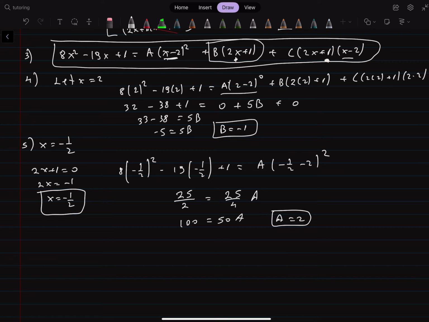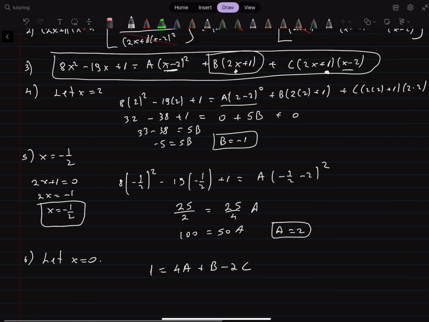For the third one, we need to set x equal to 0. So this is the sixth step. We say let x equal to 0, and then we would go back and have a look. We would have 1 equals 4A + B − 2C. The reason being, if we go back to the original equation, if x is 0, 8 times 0 squared is 0, minus 19 times 0, so we'll only be left with 1 on the left side.